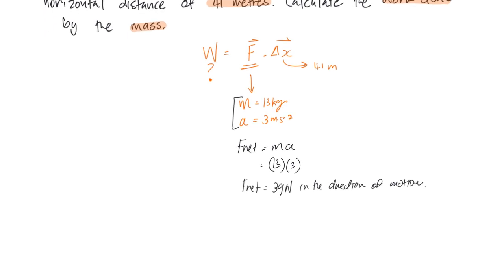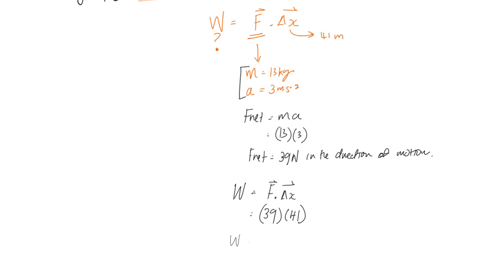All right, once you've got that, you can go W is equal to F delta X, and that will be 39 multiplied by 41, and that should give you the work done as 1,599 joules. And because it's a scalar quantity, there's no direction added to that.